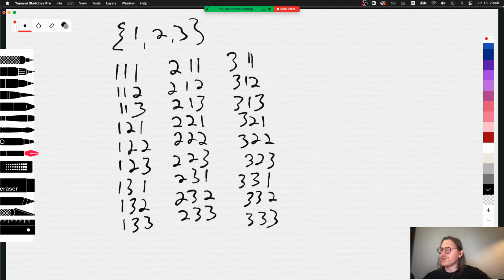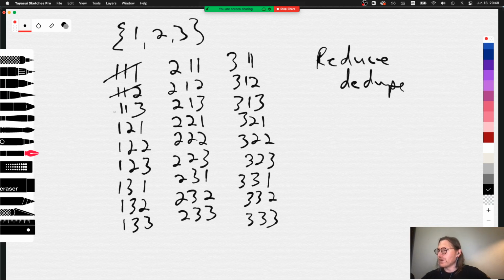So if we want to reduce this space, we can reduce it by getting rid of duplicates. Our reductive approach here is to reduce through deduping. So 1, 1, 1, that's not good. 1, 1, 2, 1, 1, 3, no. 1, 2, 1, no. 1, 2, 2, no. 1, 2, 3 seems to work.